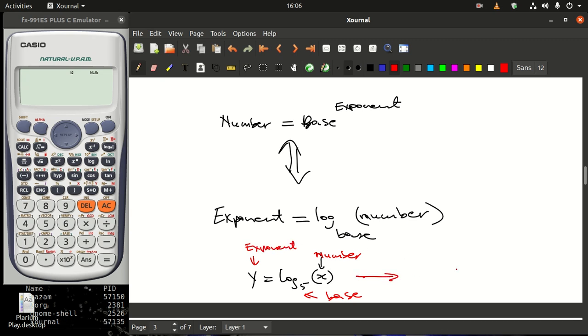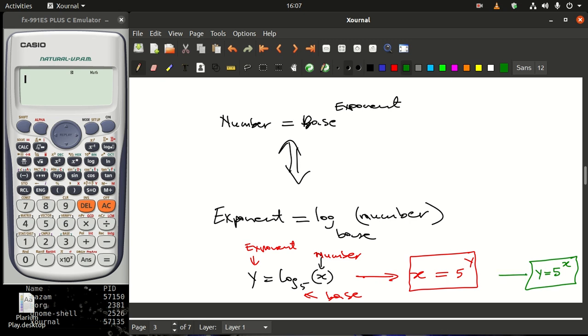So this function now is the same as, I wanted the number to be here according to that. So the number is going to be x is equal to the base, which is 5, to the y, right? But if you look into this function here, x is the subject of the formula, and y is an exponent. If we wanted to make y the subject of the formula, we have to interchange x and y. So this one here will actually end up having y is equal to 5 to the x.